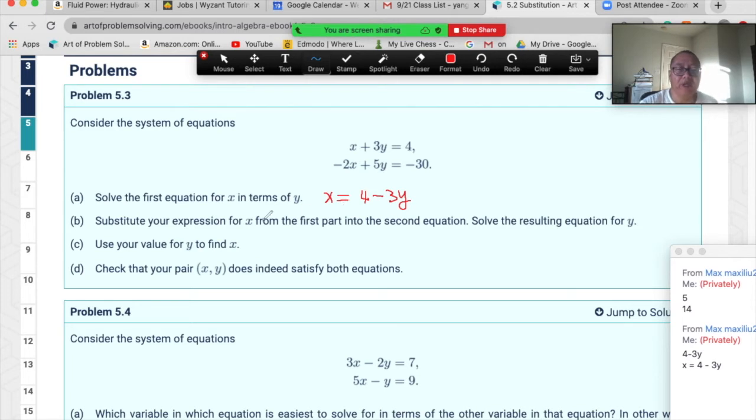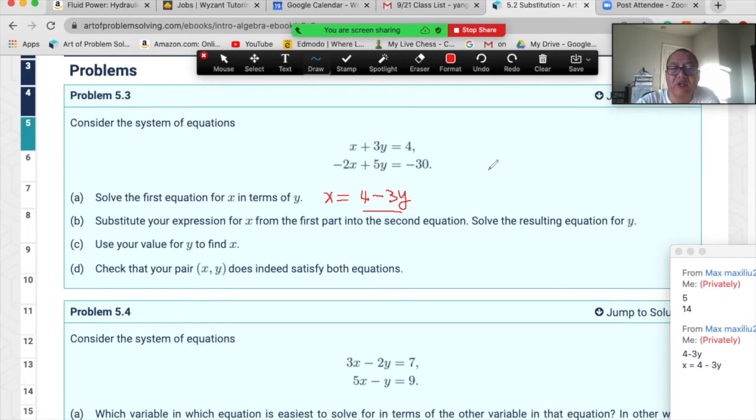Now, B, plug your expression for x from the first part into the second equation. So that means you plug this into the second equation. Because x equals this, you use 4 minus 3y to replace the x here. Then you make this equation only related to y, right?